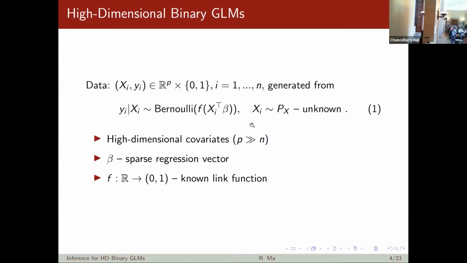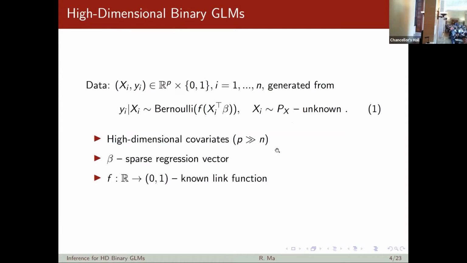The design or covariate vector xi marginally follows some unknown distribution px. And by high dimensionality in this context, it means that the dimension of beta, or the number of covariates p, is much larger than n.